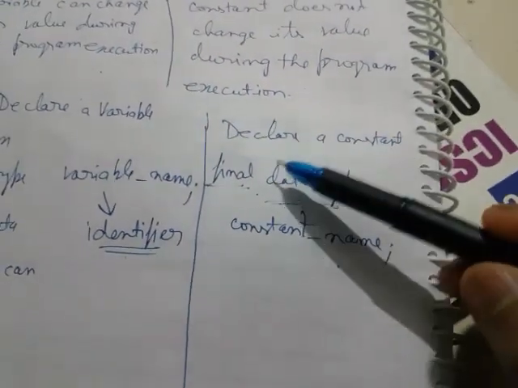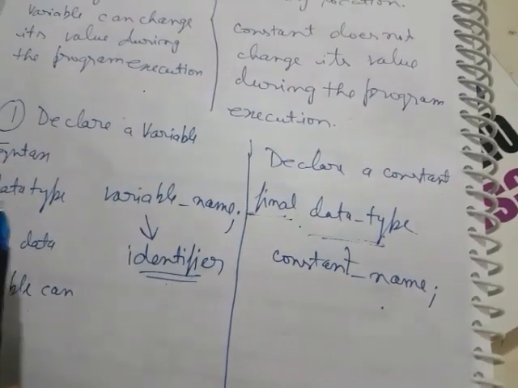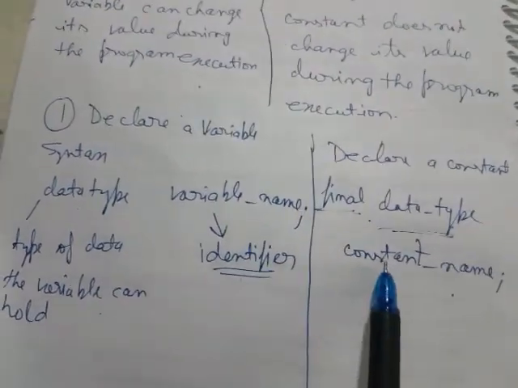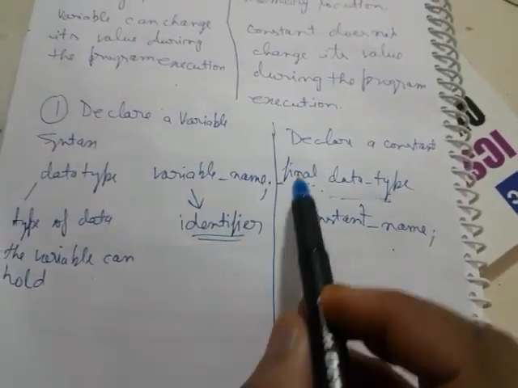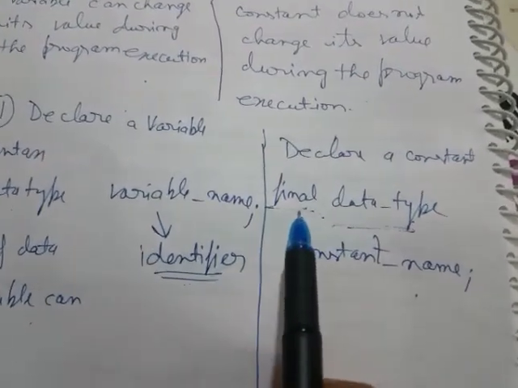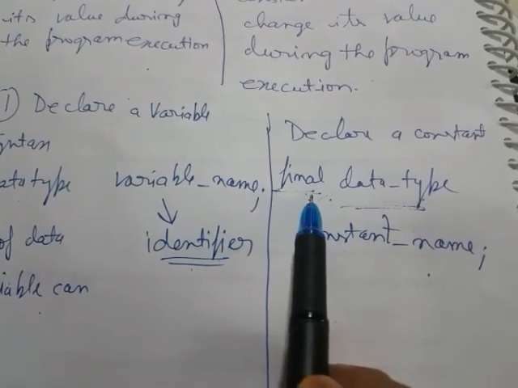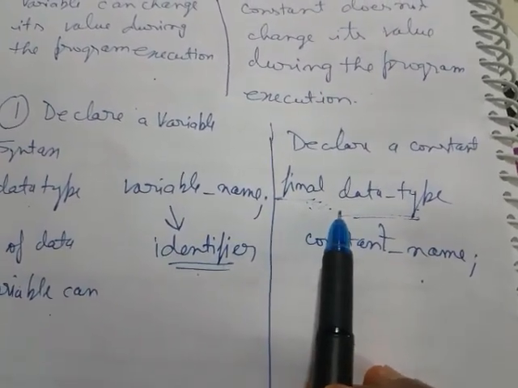Now, constant. All the things are same, data type there, data type in the variable also. But this is a variable, this is a constant. But the most important difference is that the final keyword is there, which makes it a constant, which tells the compiler that this is what?